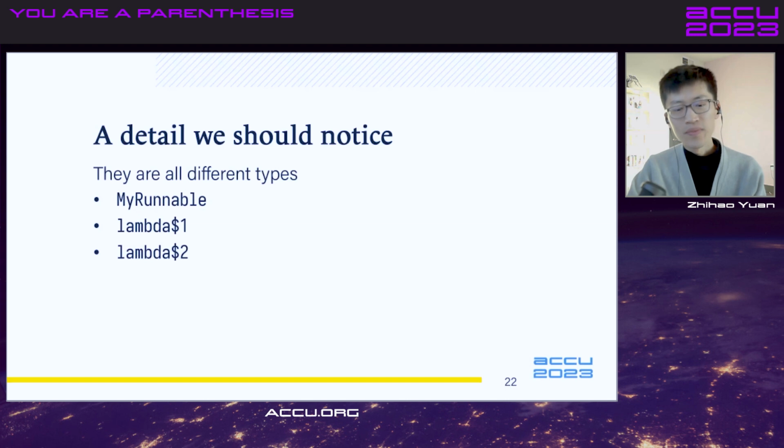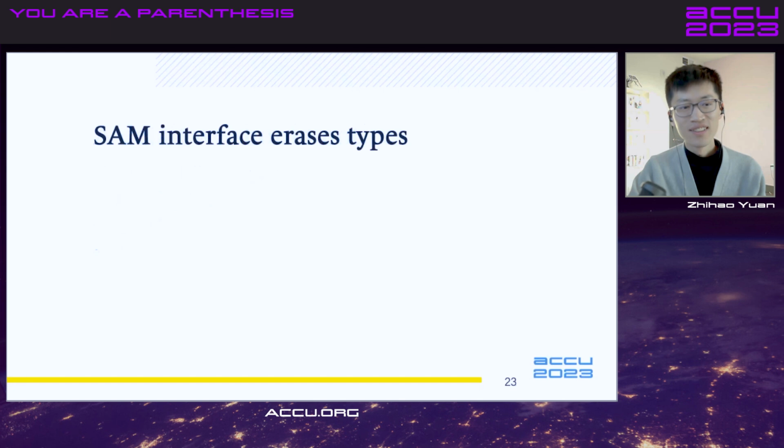In other words, although they have different types, they can be used in place of each other, right? Your high-level function asks for only one type that is Runnable, but you have the option to supply different types to it. What this phenomenon is called is type erasure, right?